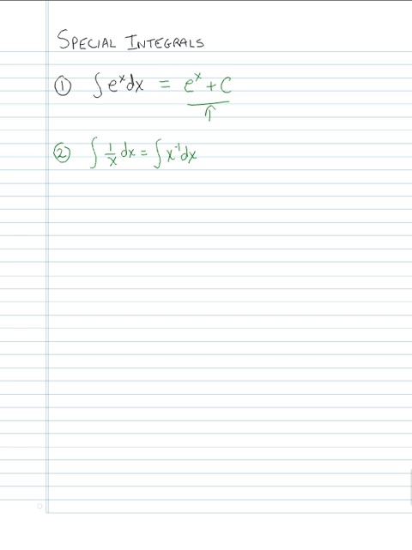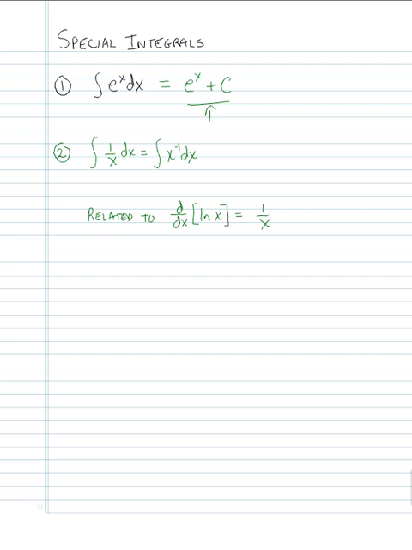Now this is related to, there's a little issue I hope you'll just accept from me, but it's related to finding the derivative of the natural log of x. And we know that when we find the derivative of the natural log of x, we get 1 over x, don't we?